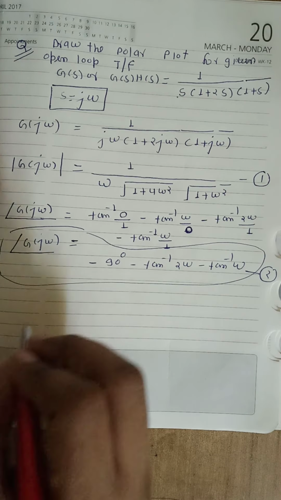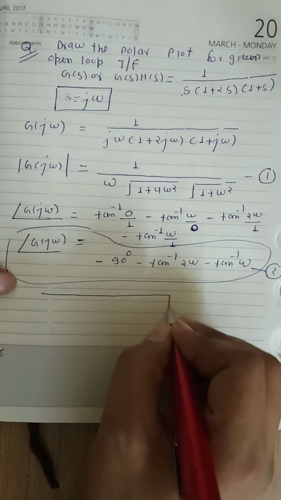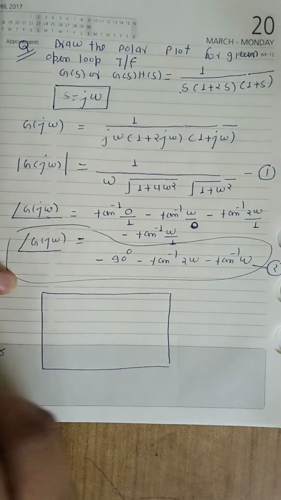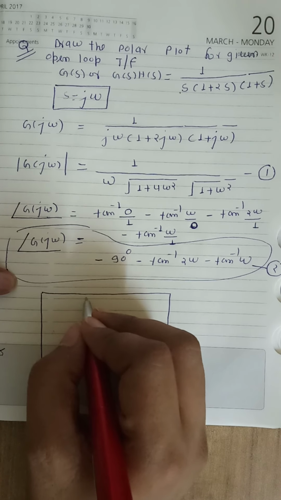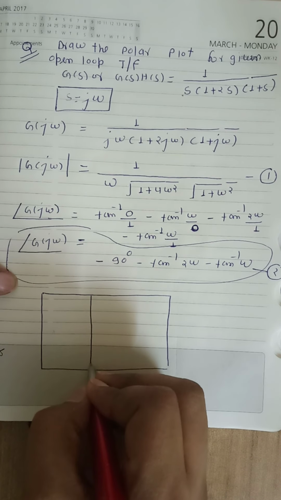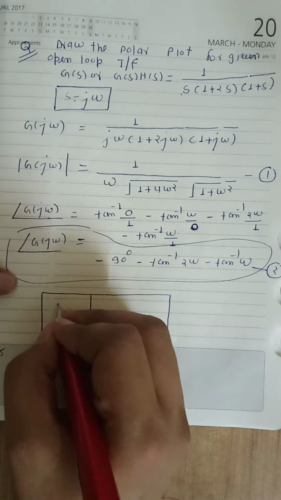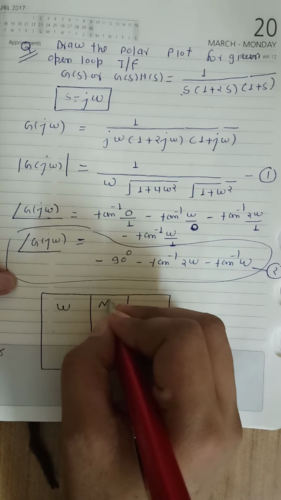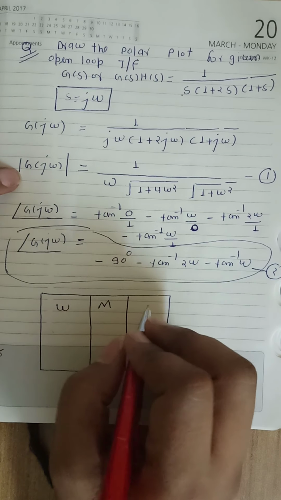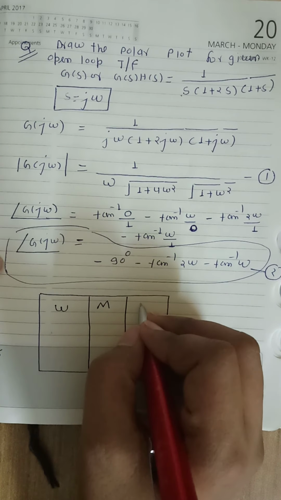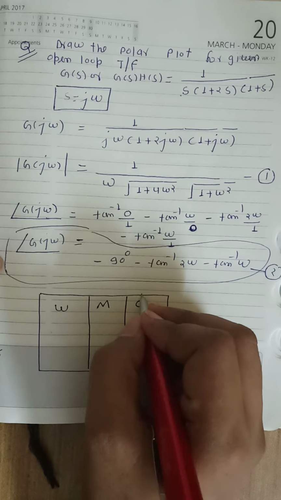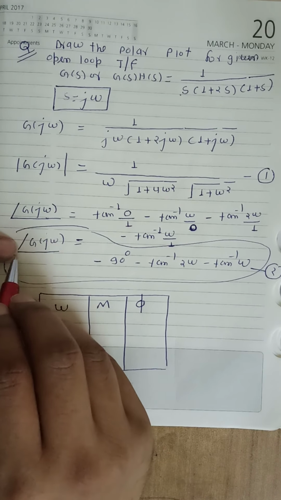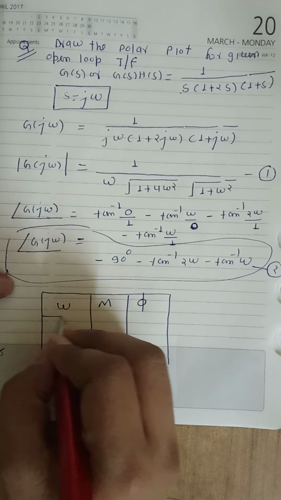Let us see how we can calculate. So here I am drawing a table. In the table, the first column will define omega, the second column will define magnitude, M means mod of G(j omega), and the third column will define phase angle phi, or you can say the second equation, phase angle of G(j omega).